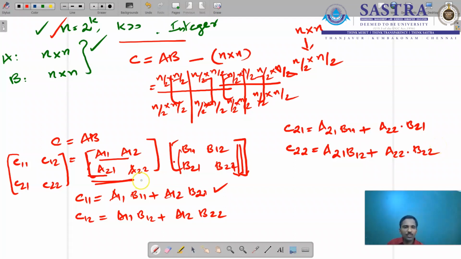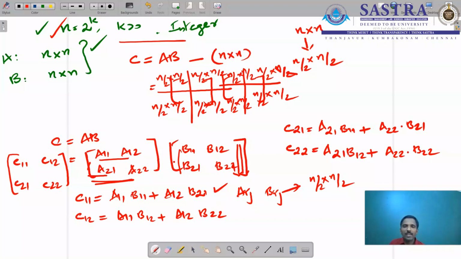So now we have to think of each Aij and Bij as the matrix of order n by 2 by n by 2. So using these equations, we can find the product of our two matrices A and B.